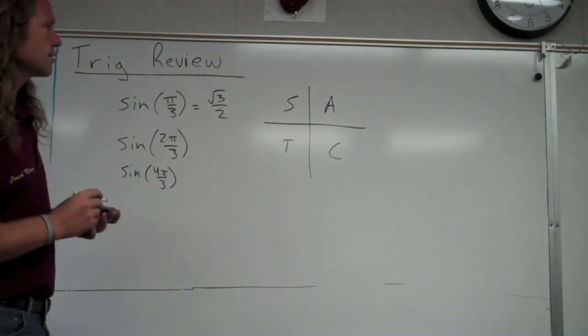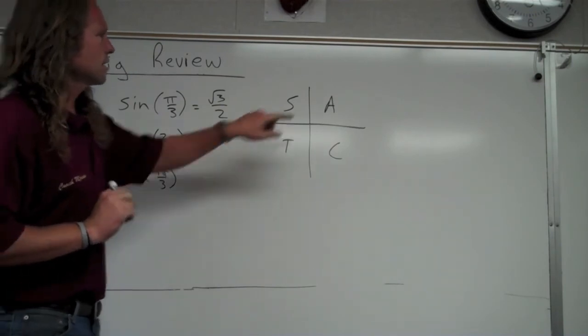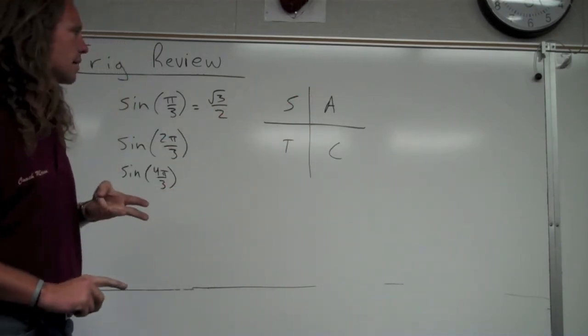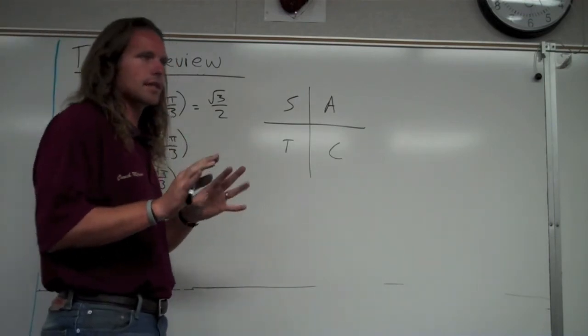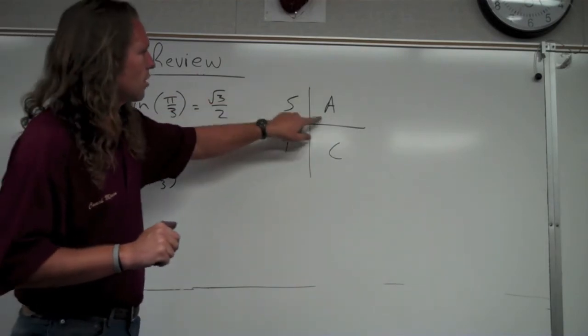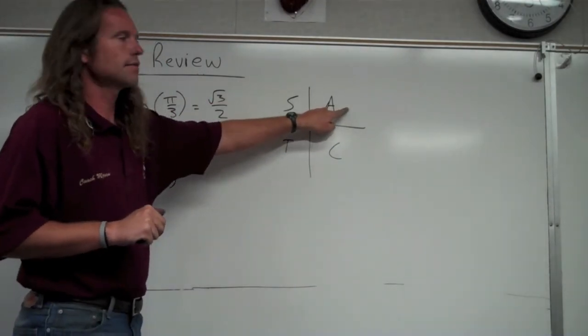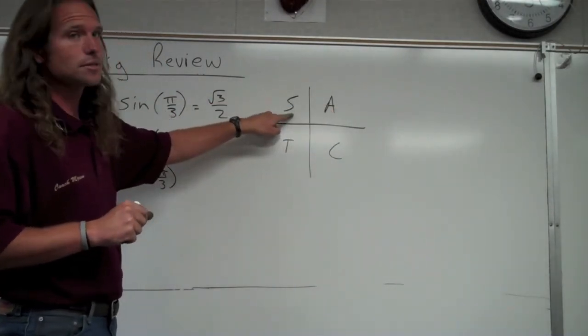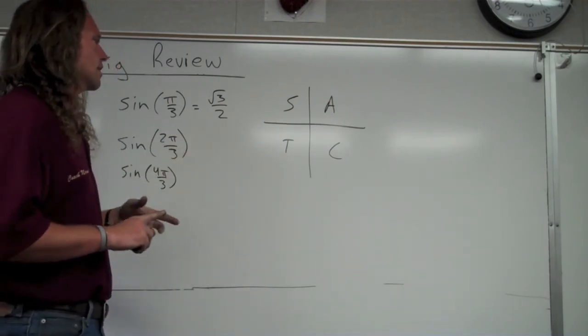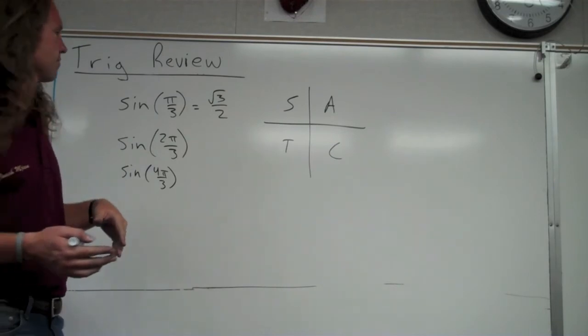What this chart tells us is that all, and by all we're talking about sine, cosine, and tangent, not secant or anything like that, although those are all variations of these trig functions. All in the first quadrant are positive. In the second quadrant, sine is positive, but both tangent and cosine are negative. Here, tangent's positive, but sine and cosine are negative, and so forth.